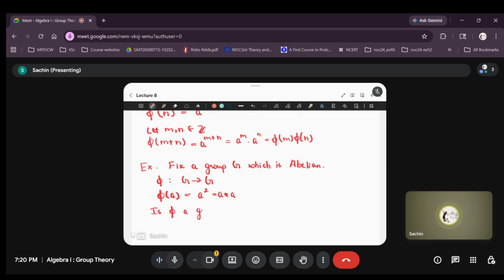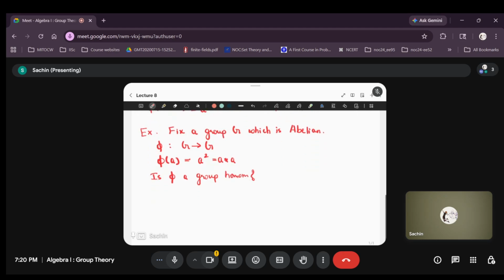Is phi a group homomorphism? Phi of AB would be AB whole square. Since G is abelian, we can write it as A square B square.